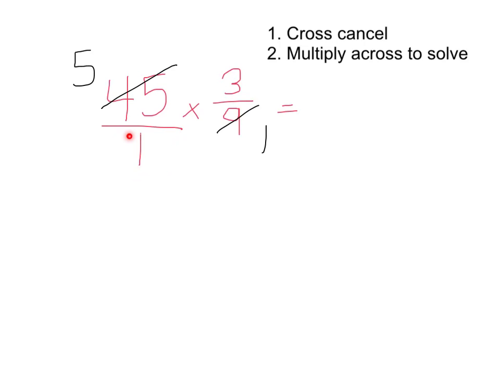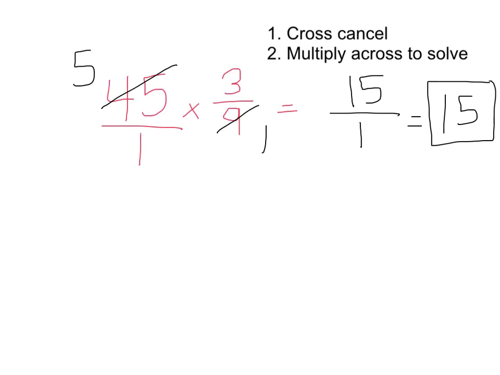So that means that I'm good to go. Multiplying across the top, I see that 5 times 3 is 15. And then multiplying by the bottom, 1 times 1 is 1. So my answer is going to be 15 over 1, or just the number 15. So my answer to 45 times 3/9 equals 15.